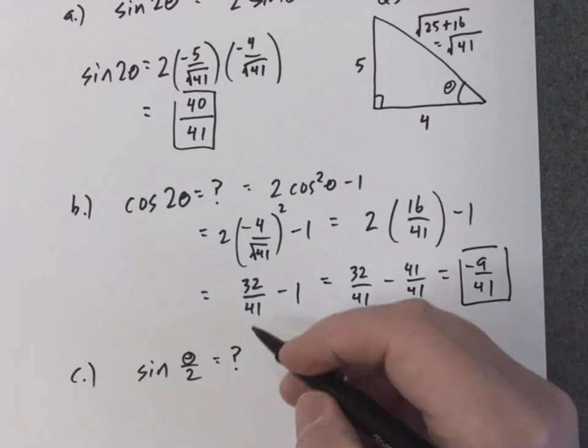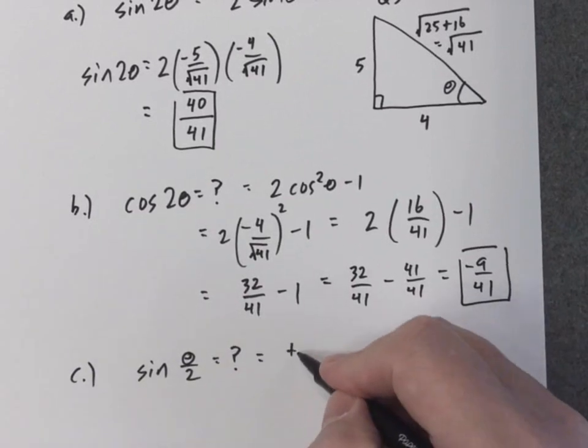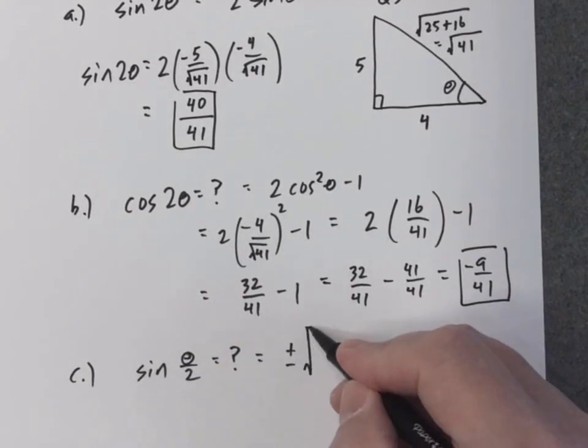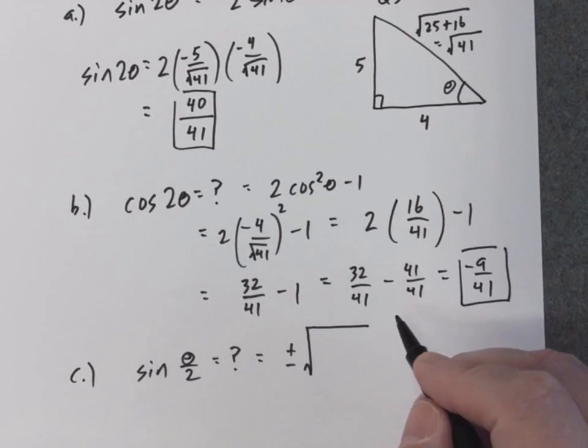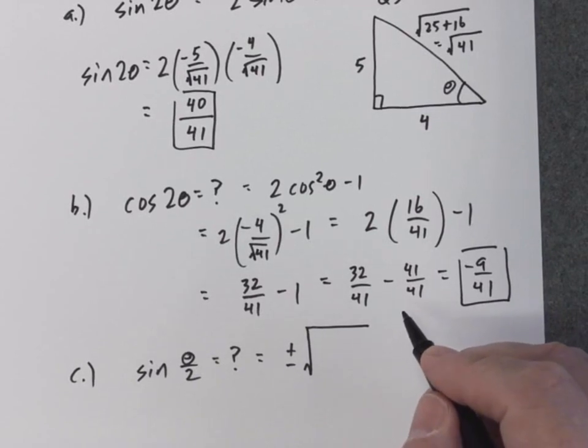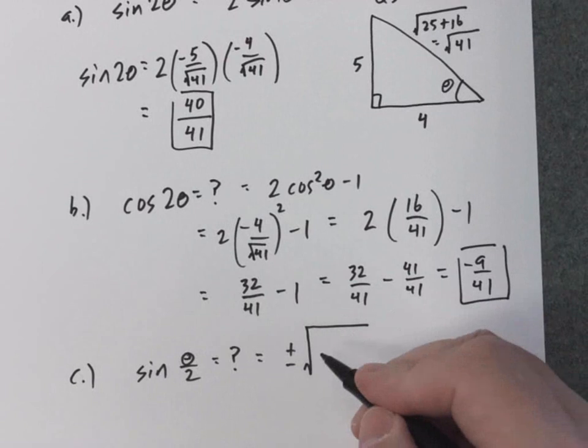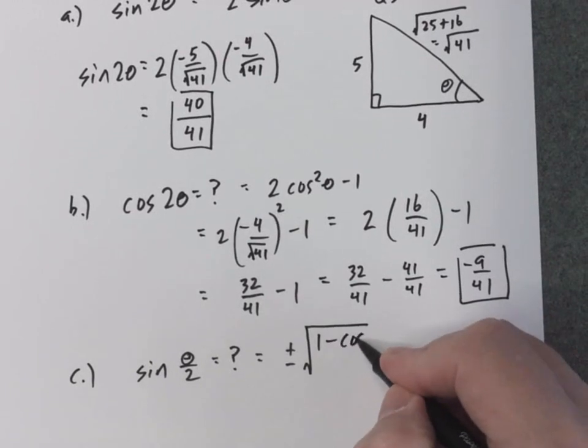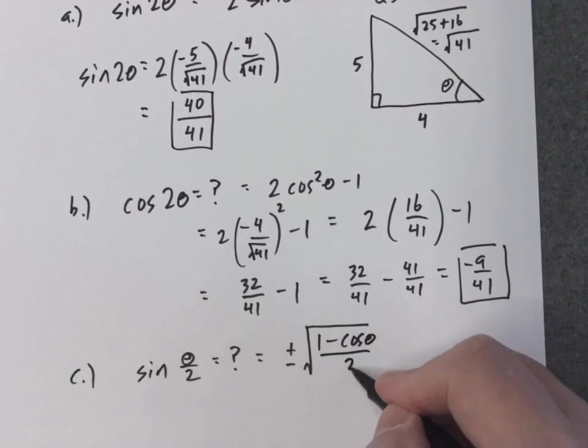So first of all, we can simply write down from the formula sheet the formula for the sine of the half angle. And I've got it right here. You've seen it before. Square root of 1 minus cosine of theta over 2.